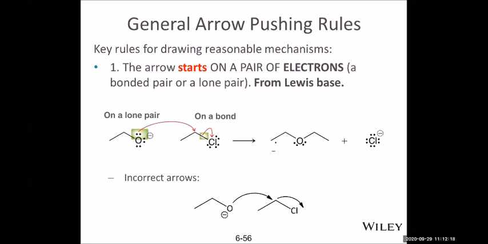General arrow pushing rules: where does the arrow start from? It starts from a lone pair, and very often that has a negative charge. Sometimes it doesn't, but a lone pair, as a Lewis base, is where the electrons start from.